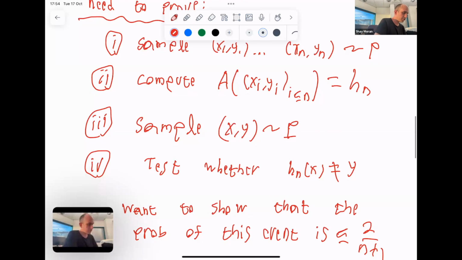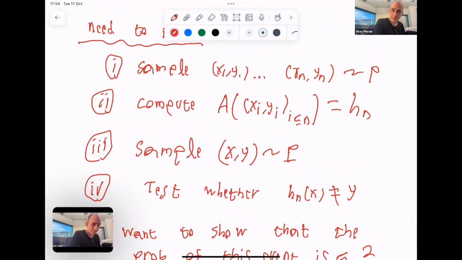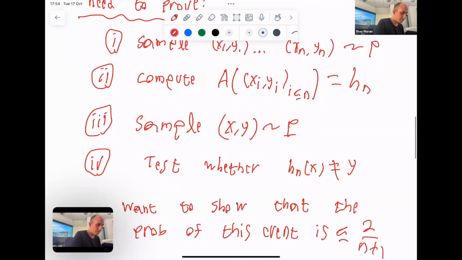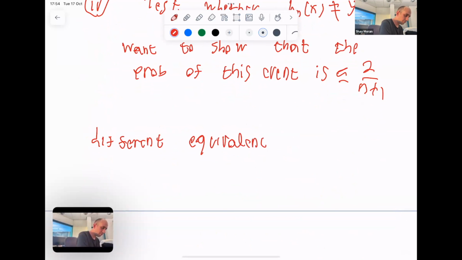Okay, let me show you. Instead of doing this experiment, let's imagine a different experiment, which is statistically equivalent.